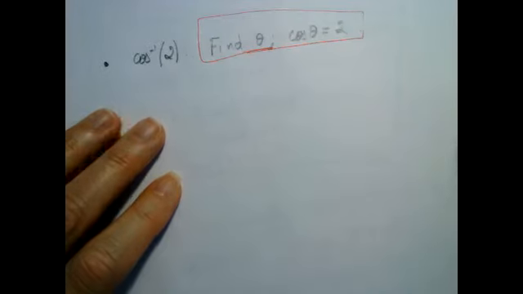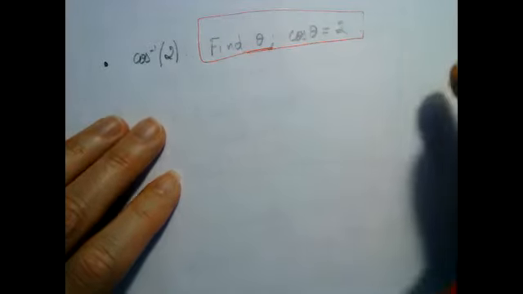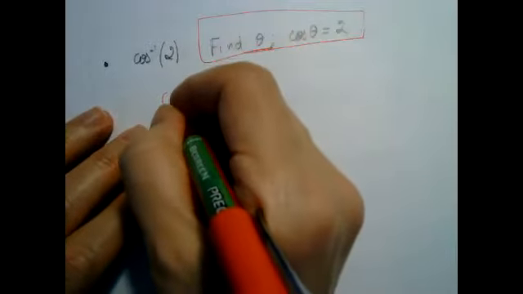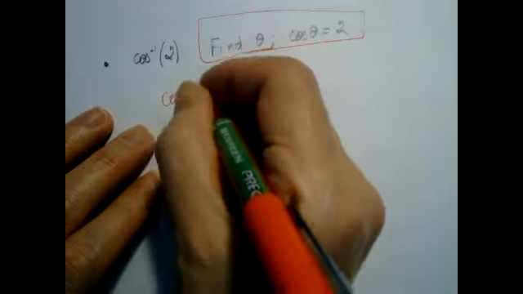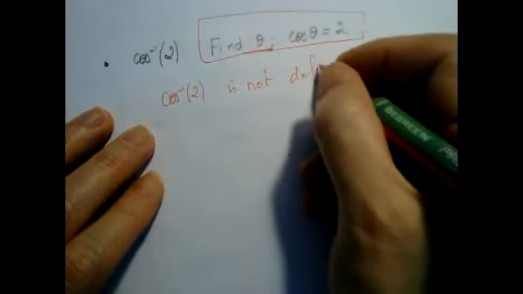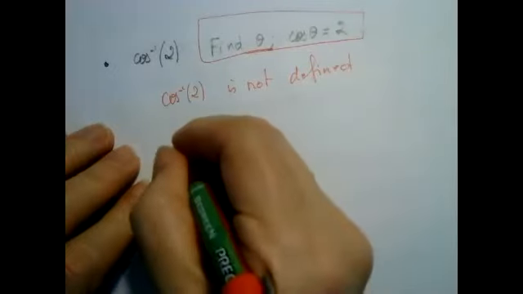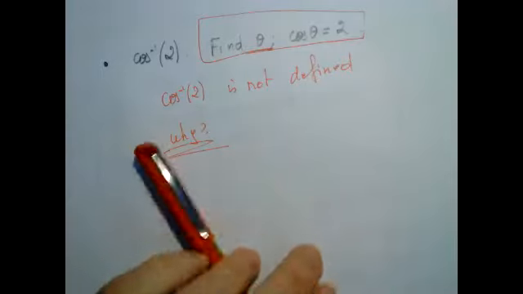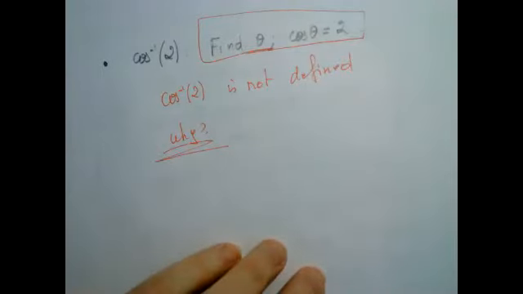Who can pick up on her answer? My question is why it's not defined. Why is there no way you can find an angle whose cosine is 2?